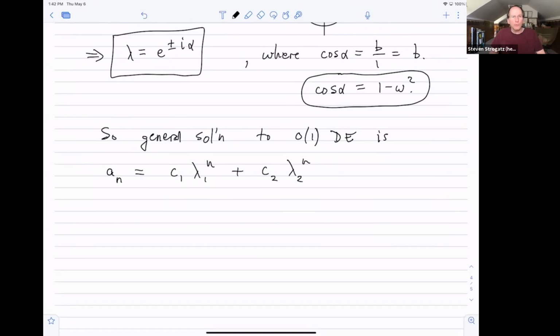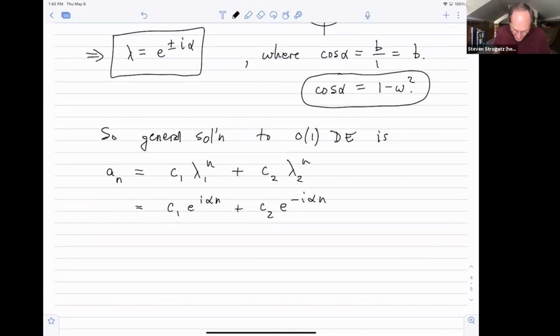And plugging in those two lambdas, this is giving us C1 e to the i alpha n plus C2 e to the minus i alpha n. And that's starting to look pretty sinusoidal, right? That's what we were hoping would happen by analogy with Duffing's equation.